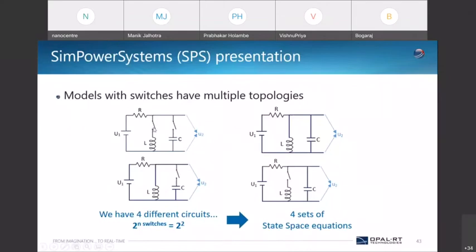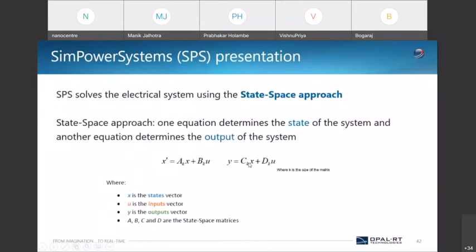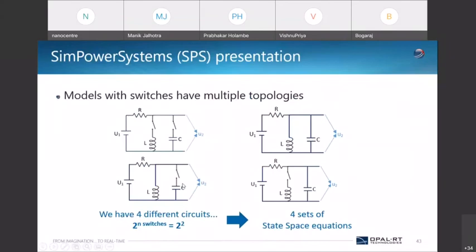For this particular case, we will have one set of state space equations, x dot equal to Ax plus Bu. Now assume that one switch is closed. That means again we will have a different state space equation. So in total, if we have two switches, we have four sets of state space equations.